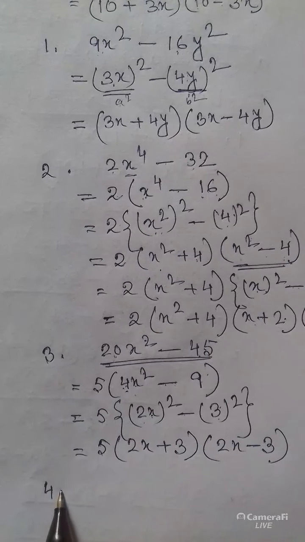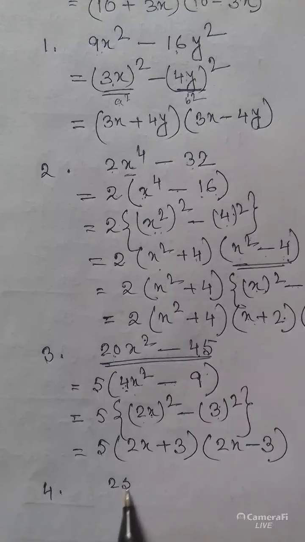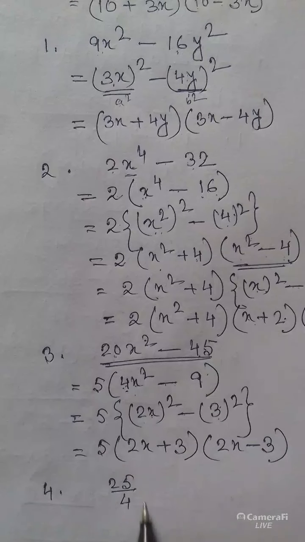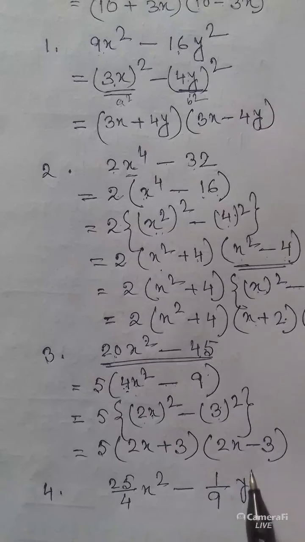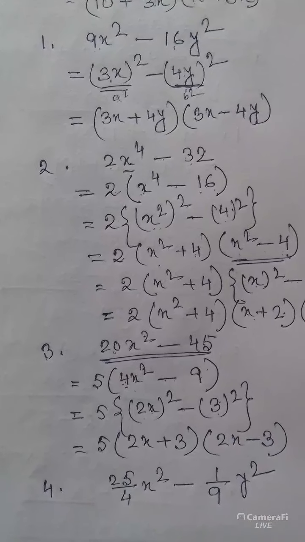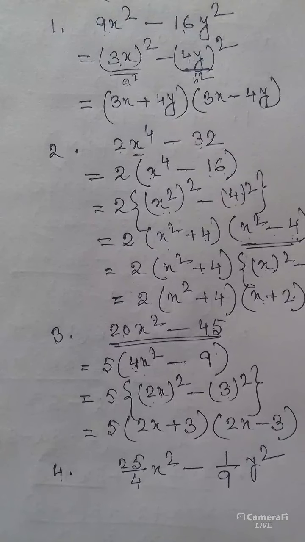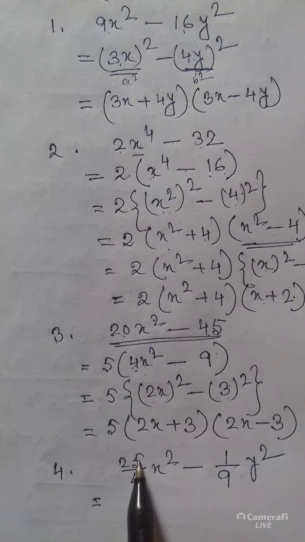Now another math, number 4: 25 by 4 x square minus 1 by 9 y square. This is a fraction. 25 by 4 is a square number: 25 is 5 square and 4 is 2 square.